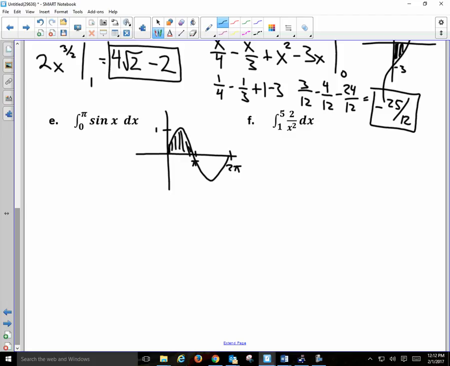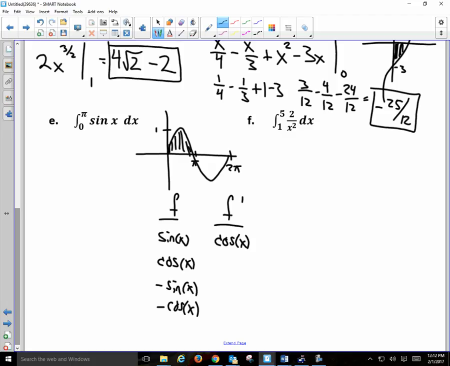So I need to know the antiderivative of sine. Negative cosine, how'd you come up with that? So last hour and every year, I just outline it for students so they could kind of get it through their heads. We have sine of x, cosine of x, negative sine of x, and negative cosine of x. What's the derivative of sine?